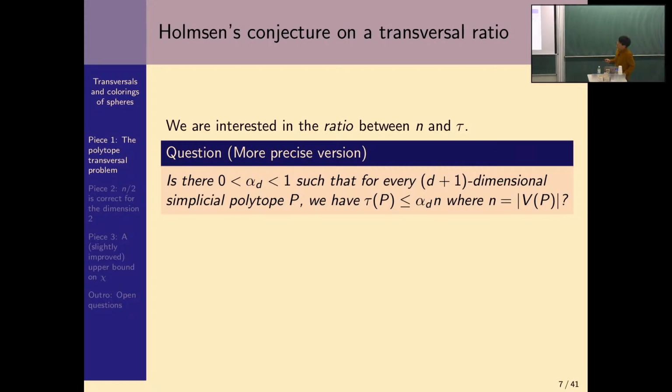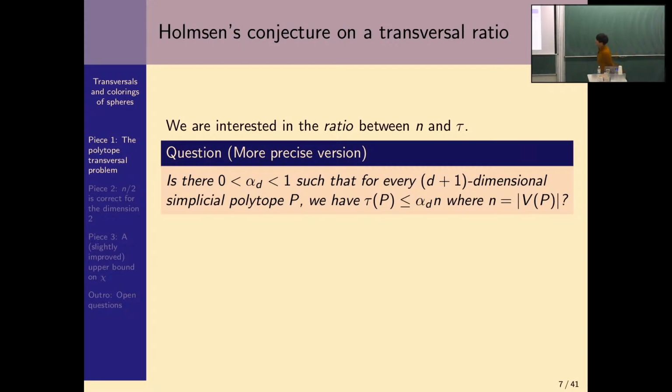Is there an alpha d which depends on the dimension d, which is strictly less than 1, such that for every d plus 1 dimensional simplicial polytope P, we have tau P is at most alpha d times n, where n is the number of vertices? This was the question.